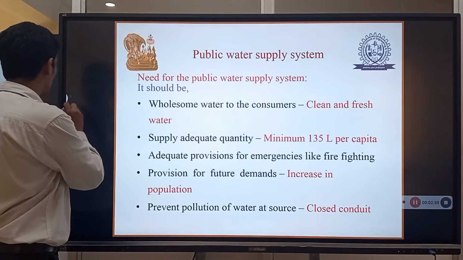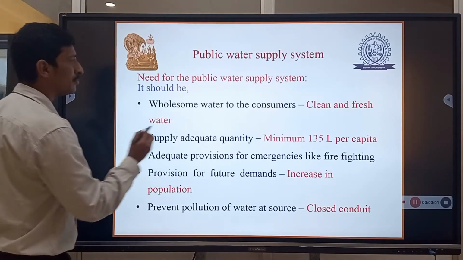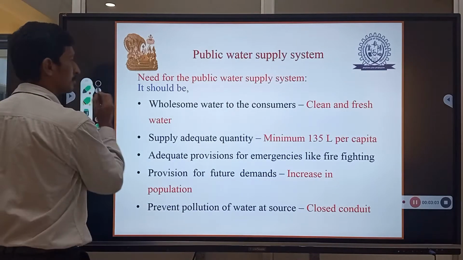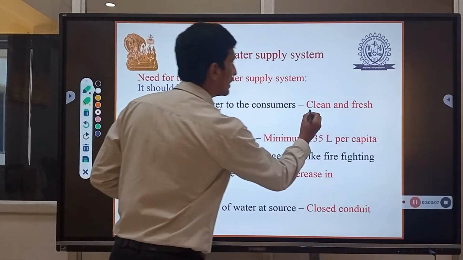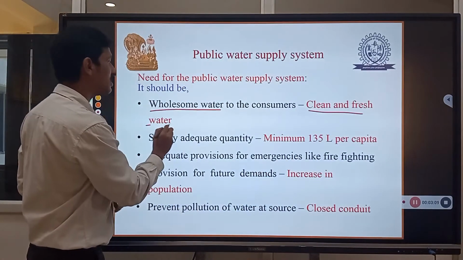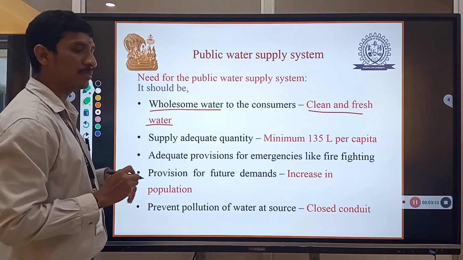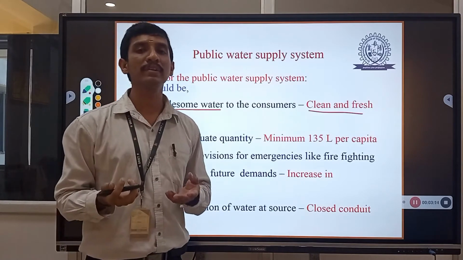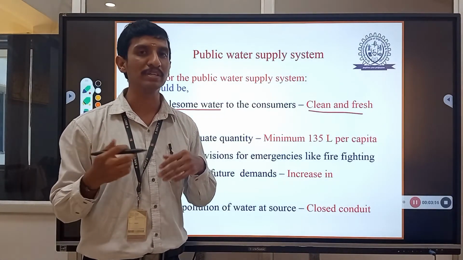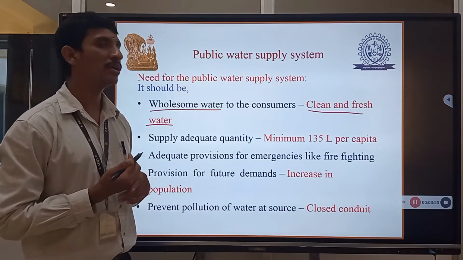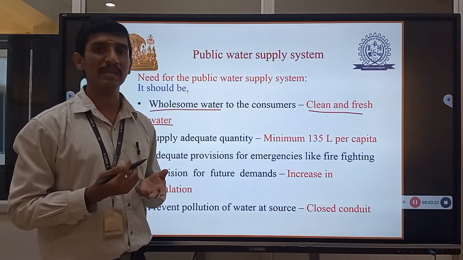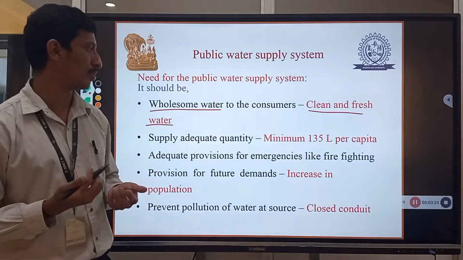We need to know what is meant by wholesome water. Wholesome water means clean and fresh water. Once the water is clean, only then can we consume it, and it should also be fresh. It should not have any smell, color and so on.